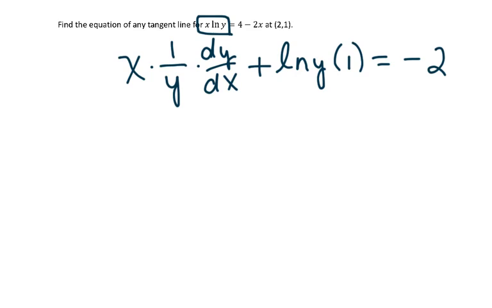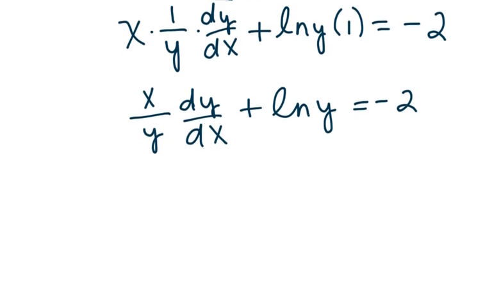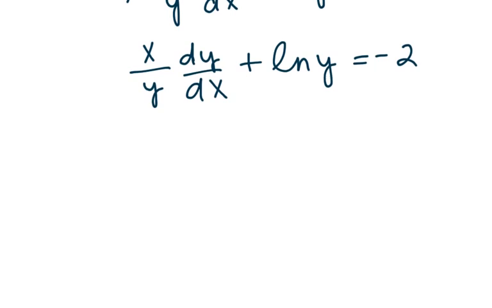Alright, so let's combine some things here. So x times 1 over y times dy/dx is just x over y times dy/dx, plus ln y is equal to negative 2. And then at this point, you can solve for dy/dx. Since they give us a point here, we know it's at (2, 1). I'm just going to plug in what I know.